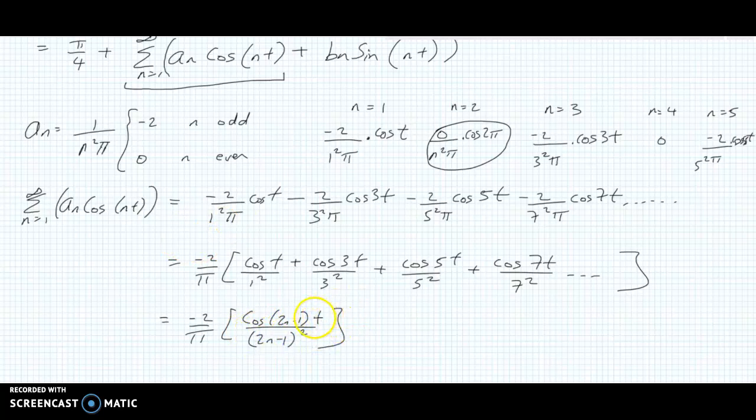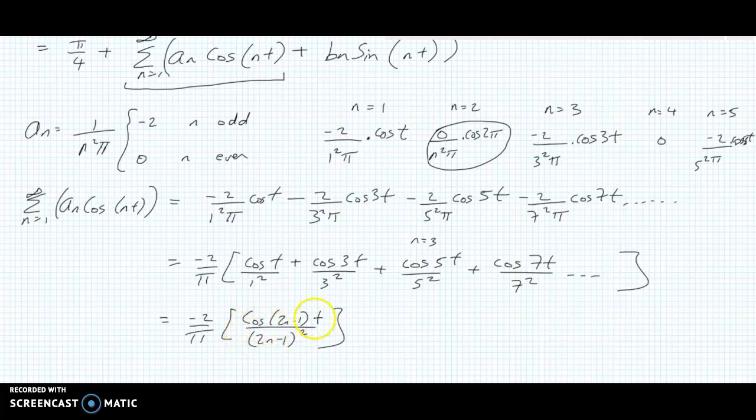And how do I know that works? Well, if you test it out, when n is 1, 2 times 1 is 2, minus 1 gives you 1 there, and down here is 1 as well. Now when n equals 3, 2 times 3 is 6, minus 1 is 5, so it works there as well.